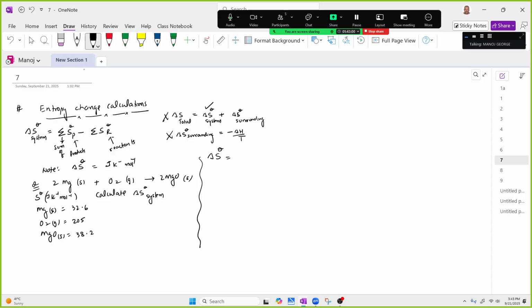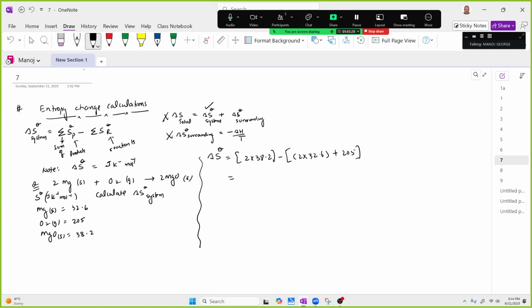Product minus reactant. Product minus reactant. I have 2 MgO, so that is 2 times 38.2, minus the reactant. I have 2 magnesium, so that is 2 times 32.6. I have one oxygen also, which is 205. Please solve.